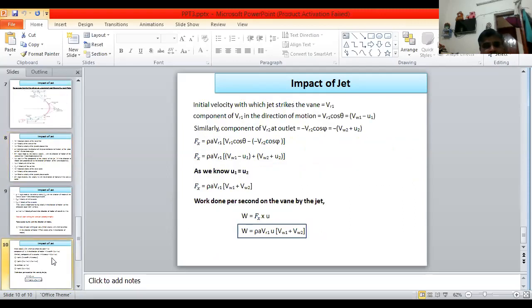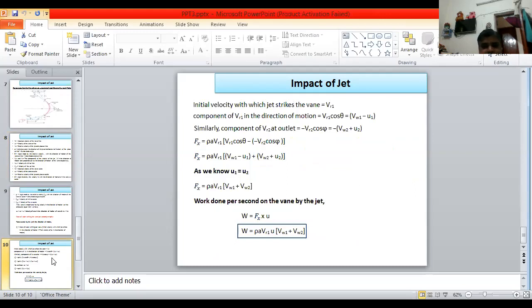Now the initial velocity with which the jet strikes the vane is equal to Vr1. The component of Vr1 in the direction of motion, that is Vr1 cos theta, is equal to Vw1 minus u1. Similarly, the component of Vr2 at outlet is minus Vr2 cos phi, that is minus in brackets (Vw2 plus u2).